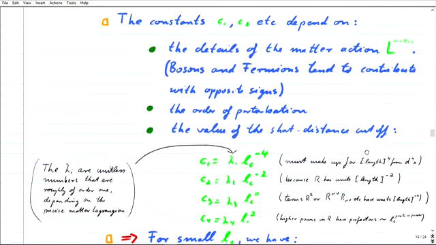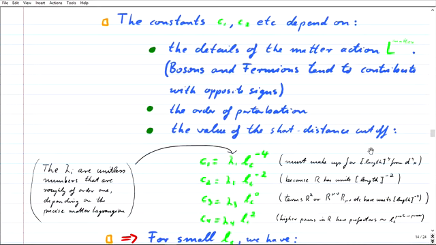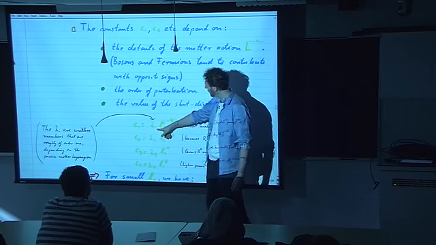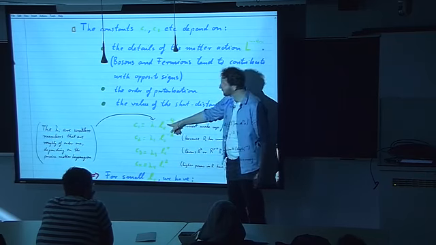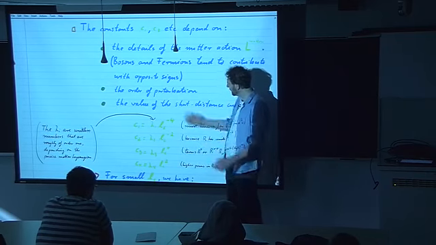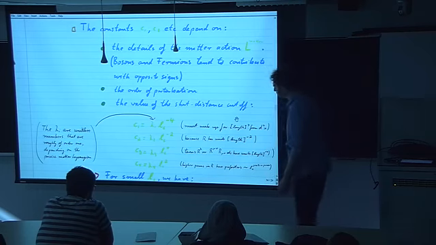But you can make a scaling analysis of it. So Sakharov said, well, let's see, C1 should come out to be a constant lambda 1 times the cutoff length to the minus 4th power. Now where is that coming from?